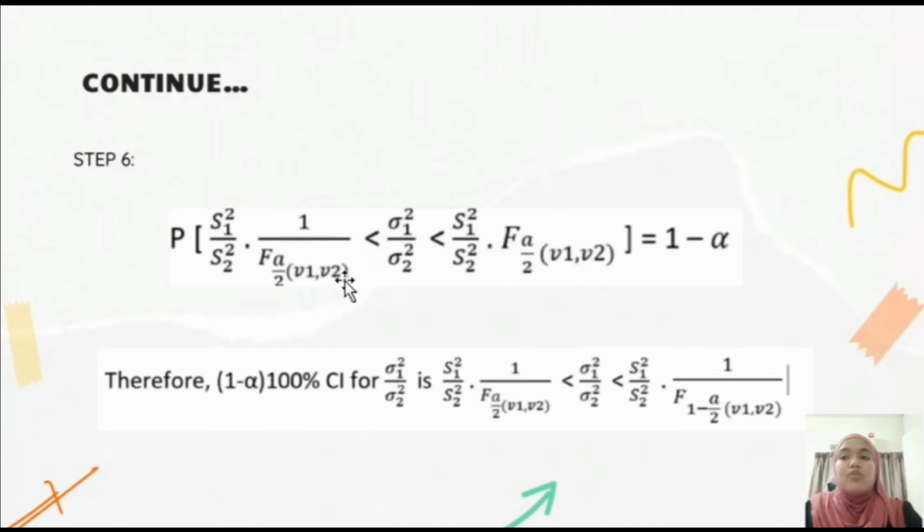So 1 over f alpha over 2 is the lower boundary of the interval, and f alpha over 2 is the upper boundary of the interval. And therefore, this interval represents the 1 minus alpha multiplied by 100% confidence interval for sigma 1 squared over sigma 2 squared.